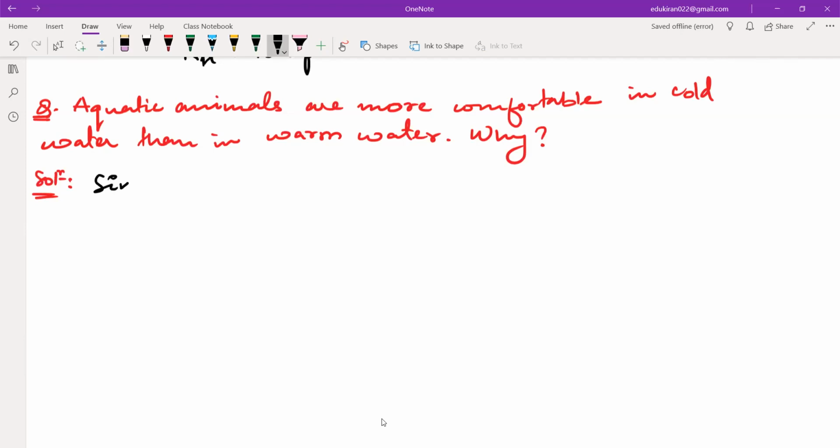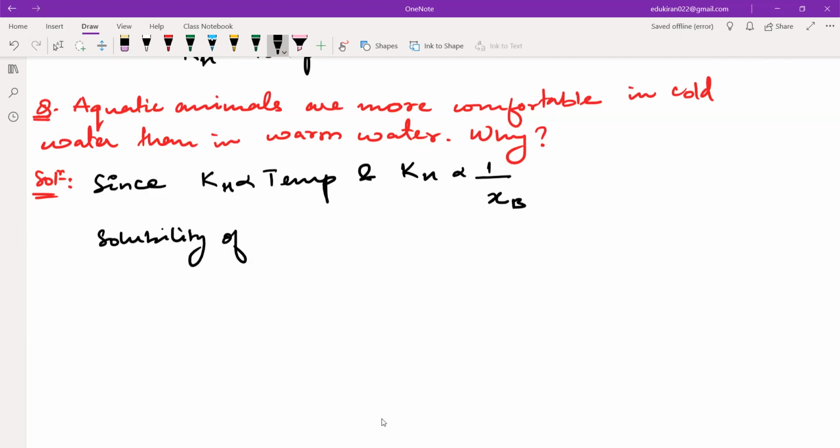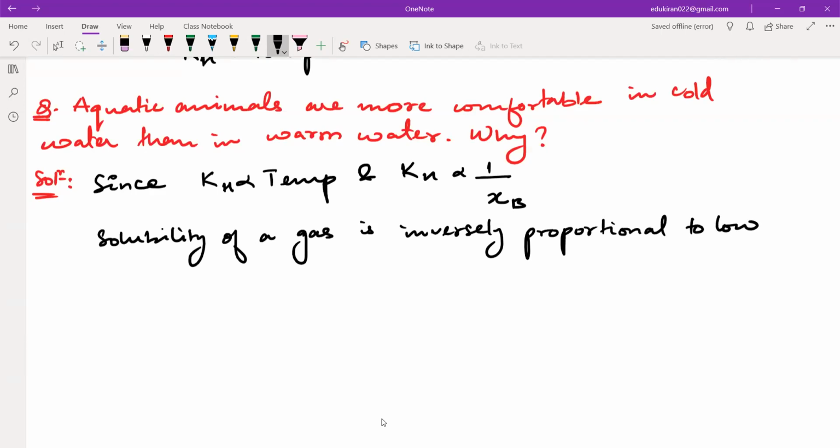We'll say that since KH is directly proportional to temperature and KH is inversely proportional to solubility, then you can say that the solubility of a gas is inversely proportional to temperature.